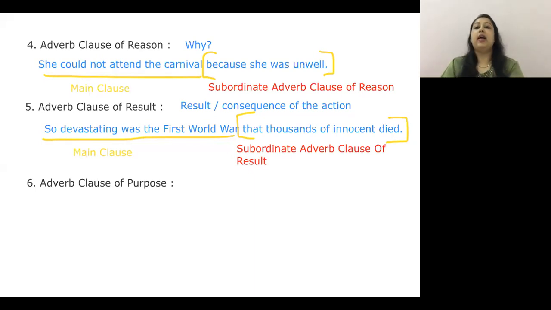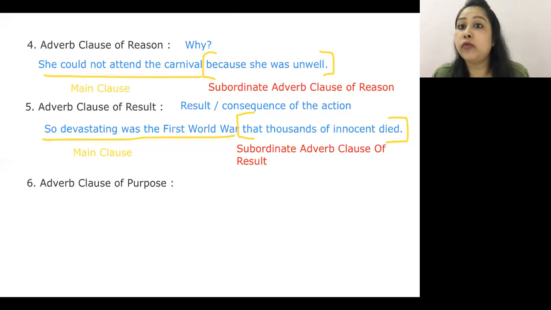Okay, wait. Ansh, you say we can frame a question. How? So wouldn't it be adverb clause of manner? So devastating was the First World War. How devastating? Then it should be highly devastating. This is how. Correct?